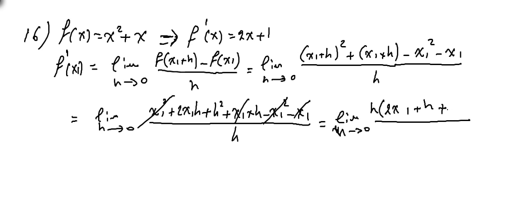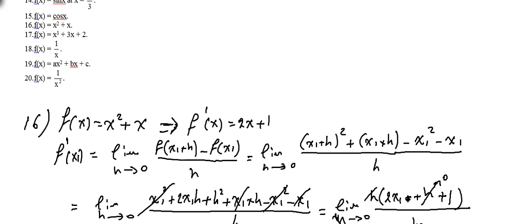Yes, plus 1, because we have h here over h. All right, h cancels. h tends to 0, so this is the only 0 here. What is left is 2x1 plus 1. This is 2x1, right? 2x1 plus 1. So this is the derivative f prime starting from the definition.